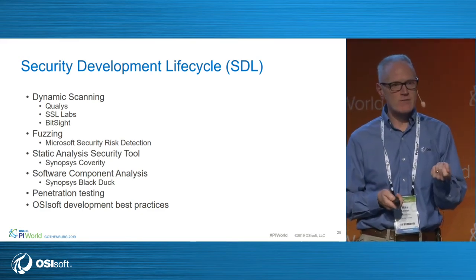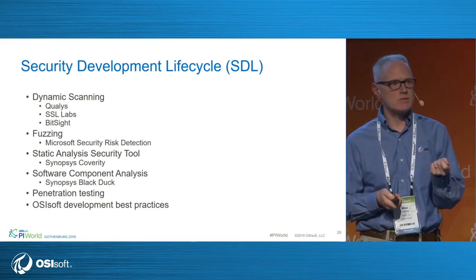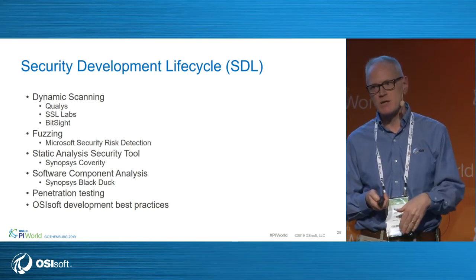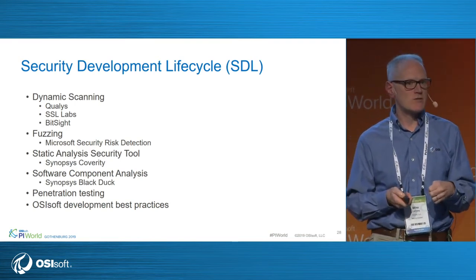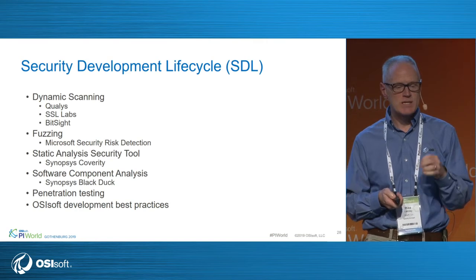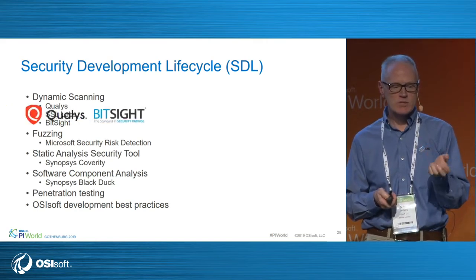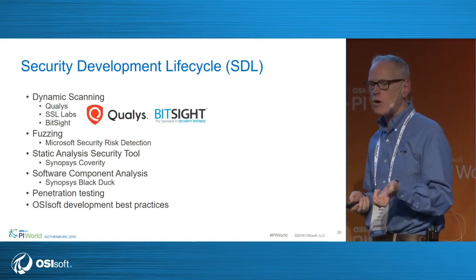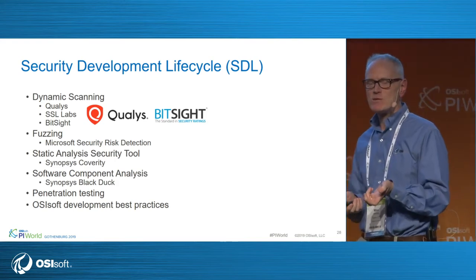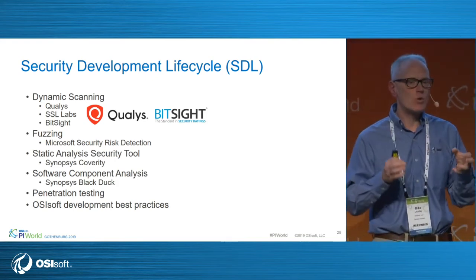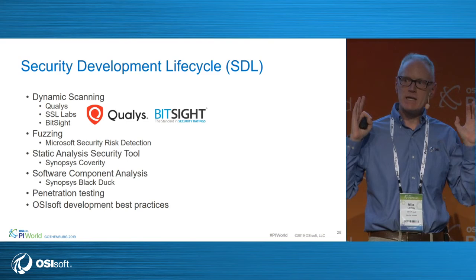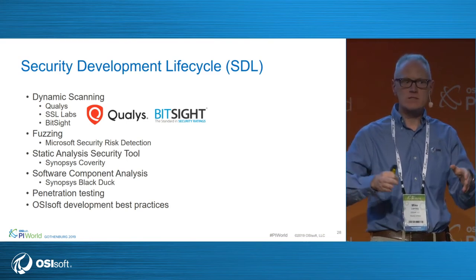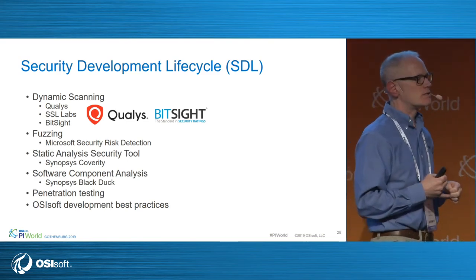The first one that I've got on the list is the ability to use dynamic scanning. A lot of the things I'm talking about are the implementation of best practices and tools. So for dynamic scanning, we purchased a couple of tools, one from Qualys and one from BitSight. That tool will go out and try to hit your websites with common vulnerabilities that are well known.